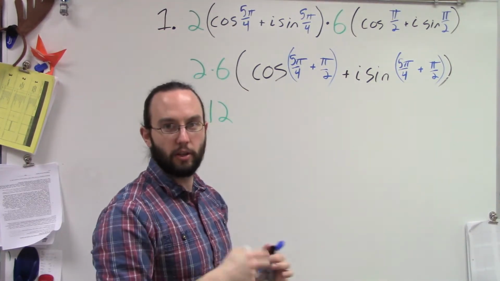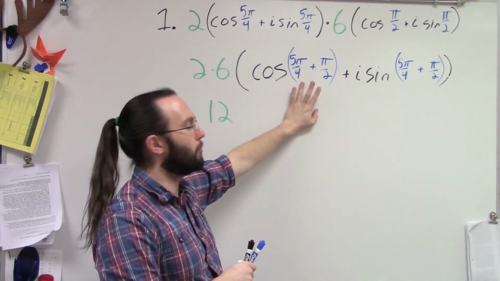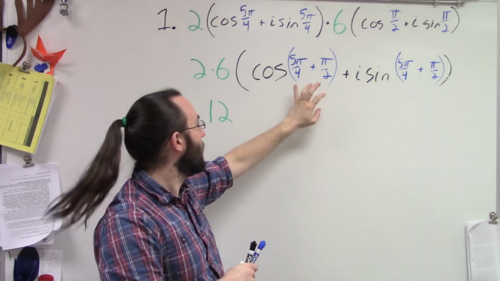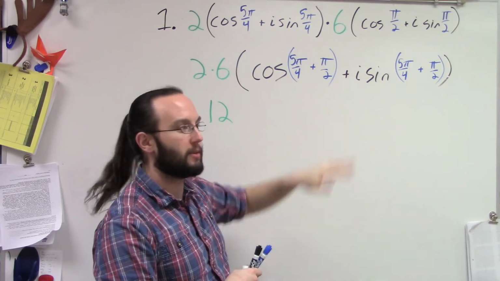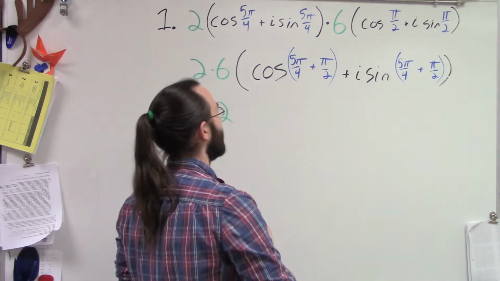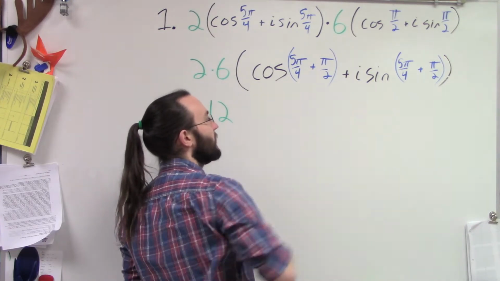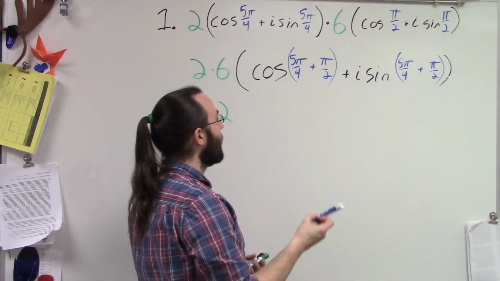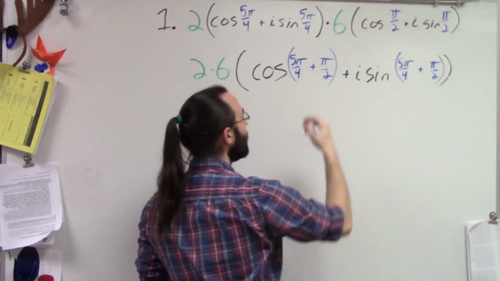The part that's usually a bit more of a struggle is when we have to play around with these fractions a little bit. Note that right now we do not have common denominators. We have a 4 and a 2. Before we can add those, we do need to get common denominators. So we can rewrite pi over 2 as 2 pi over 4.